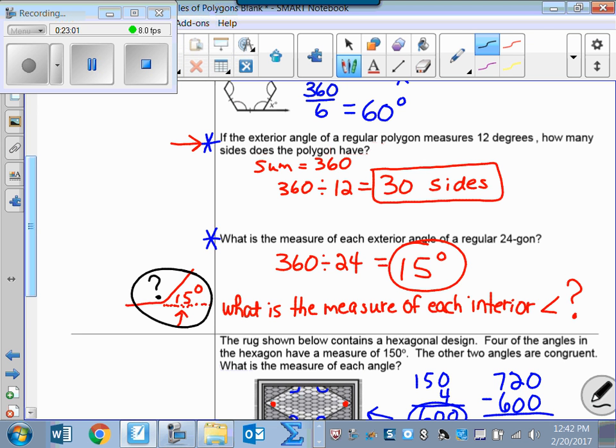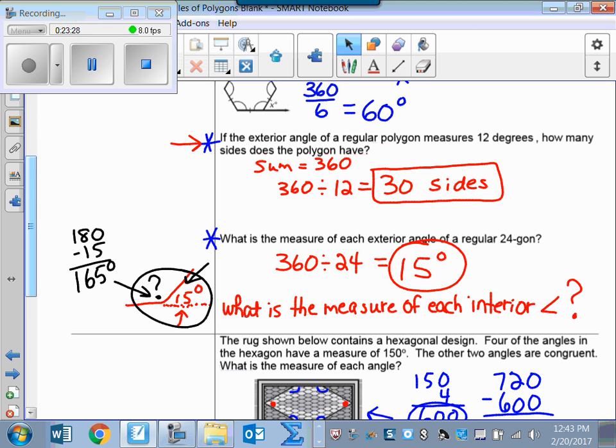So if you have a regular polygon and I ask you to find the measure of each interior angle, it's much easier to find the measure of each exterior angle, and then what do I have to do? I just subtract it from 180 because they're a linear pair. So I find out that each interior angle measures 165 degrees.